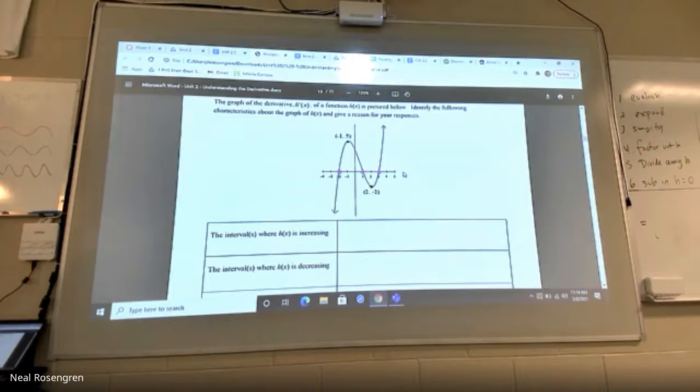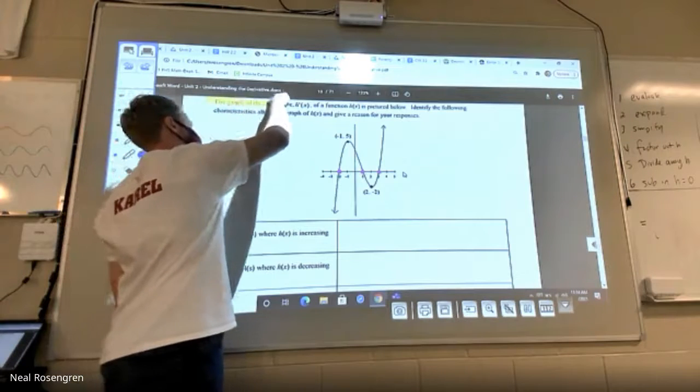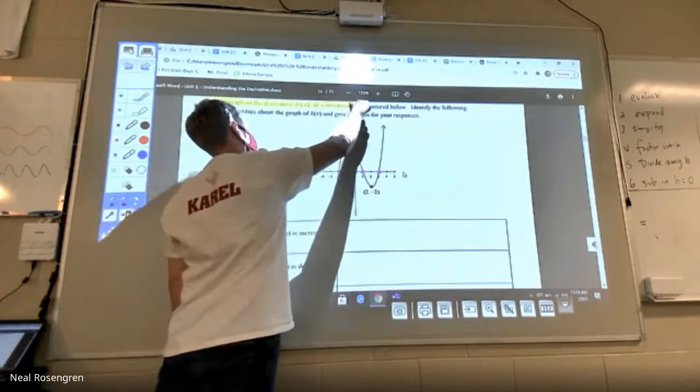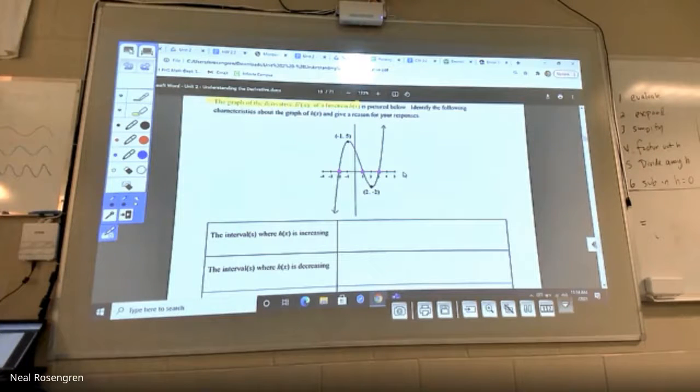But what does that cubic graph represent? This is not the graph of a function. This is the derivative of some function.